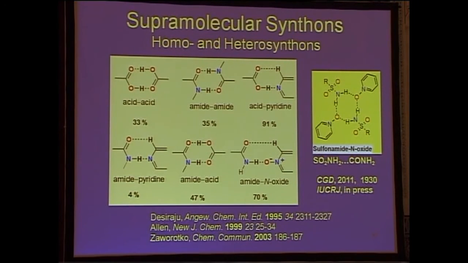The sulfonamide functional group, which is quite common in drugs, almost 50% of drugs have the sulfonamide functional group, somehow was missing from this library of the crystal engineer's toolkit, and we have contributed in recent years, including an IUCrJ article which is in press, on the heterosynthons of the sulfonamide group, which will allow one to engineer cocrystals and related pharmaceutical adducts for sulfonamide kind of drugs.